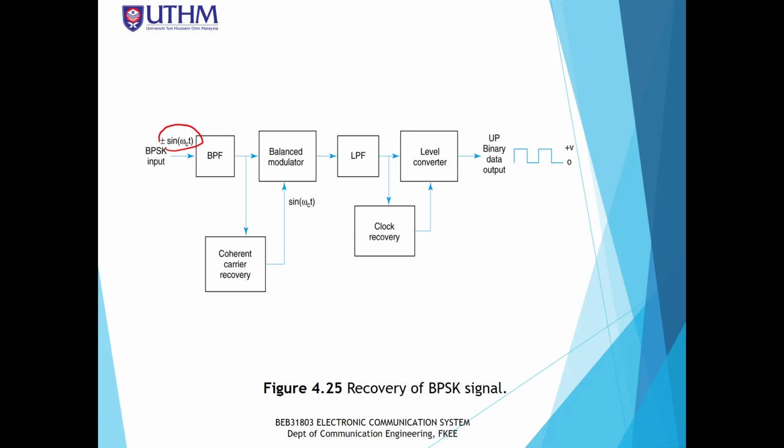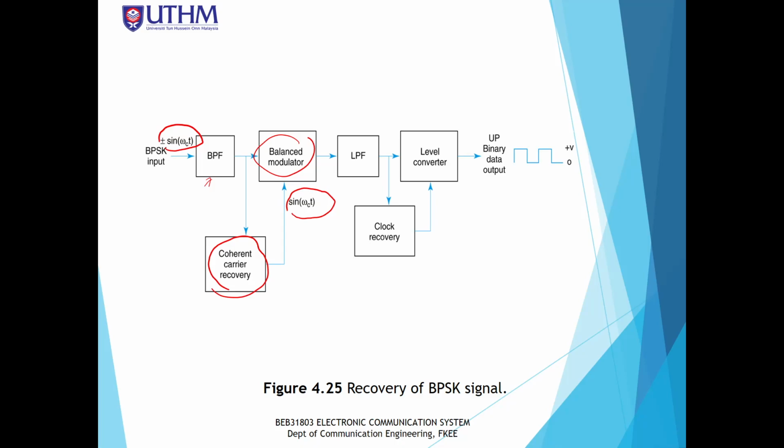Then it is put inside the balance modulator to remove the unwanted frequency signal. Since we are using the carrier information, this is coherent detection, where we again multiply the input with the carrier, which is sine omega ct.